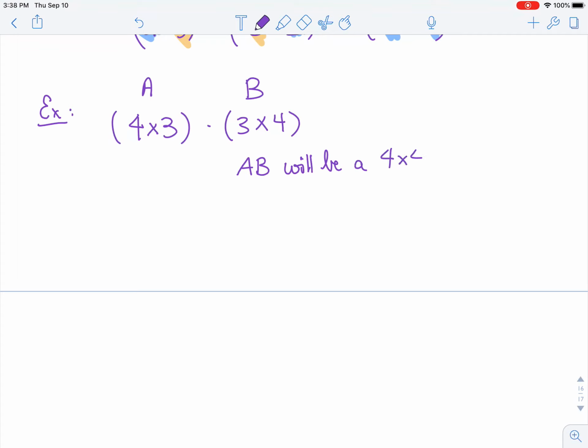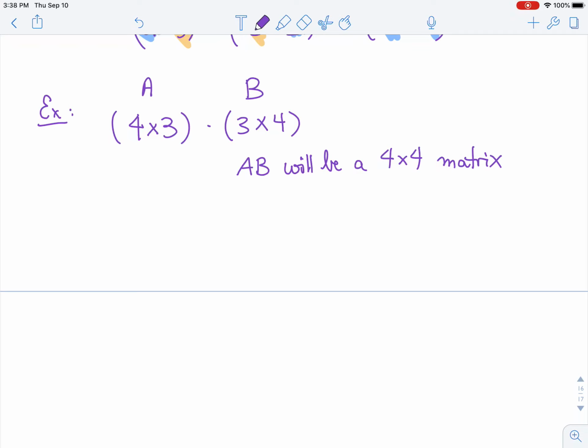Suppose I have a 4 by 3 matrix, A, and I multiply that by a 3 by 4 matrix, B. Then AB will be a 4 by 4 matrix. Again, it's defined because we can match up the insides, and the outsides give us that answer.